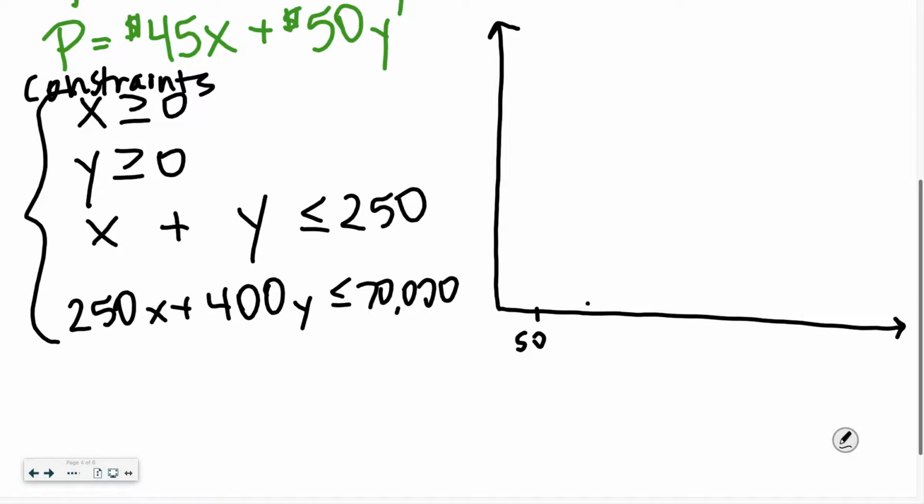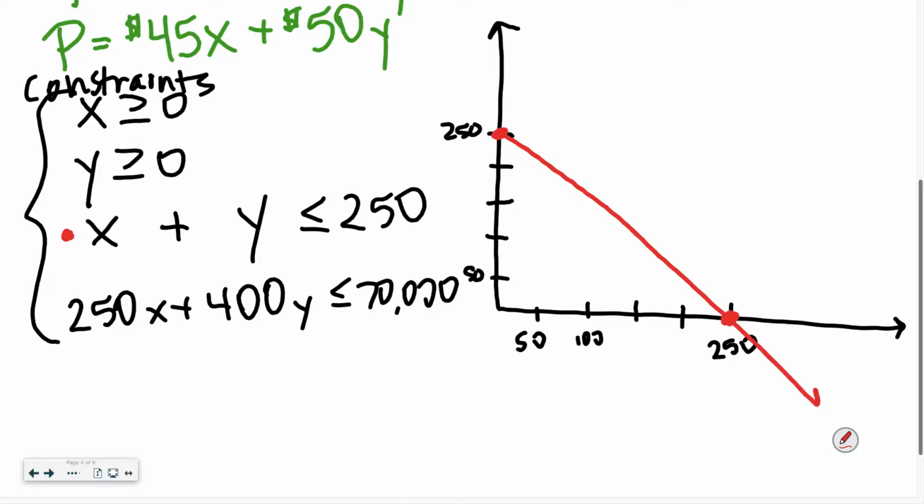So, let's see. 50, 100, 150, 200. This is 250, right? Okay, so I'm going to graph this equation in red, like so.